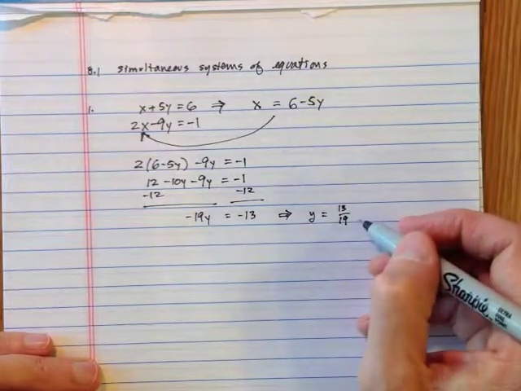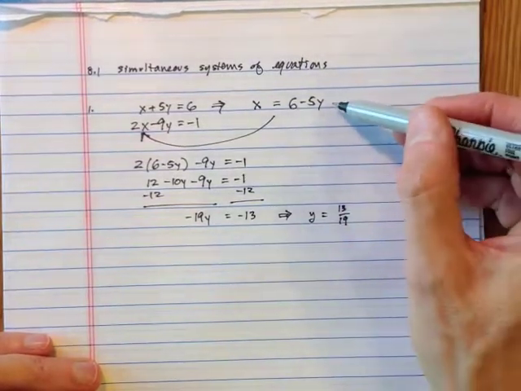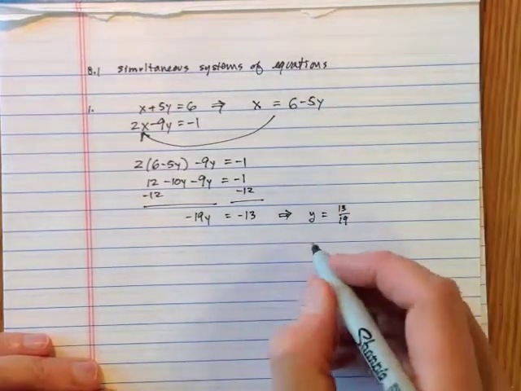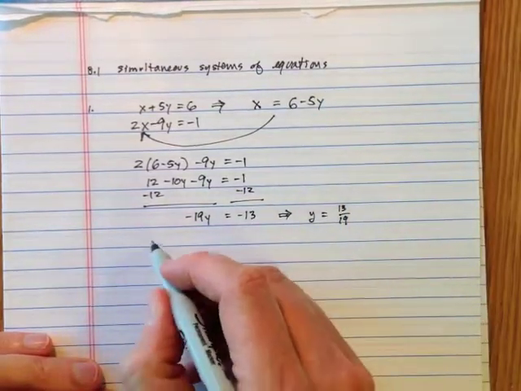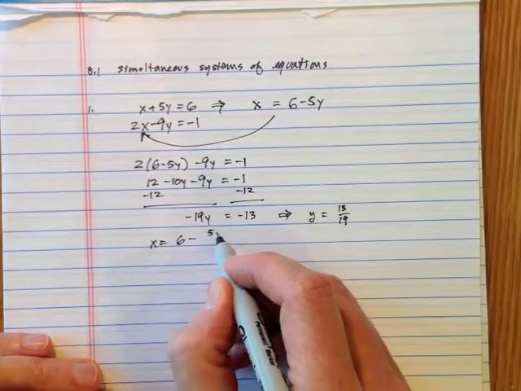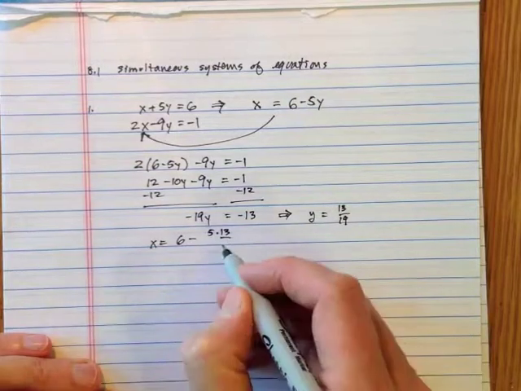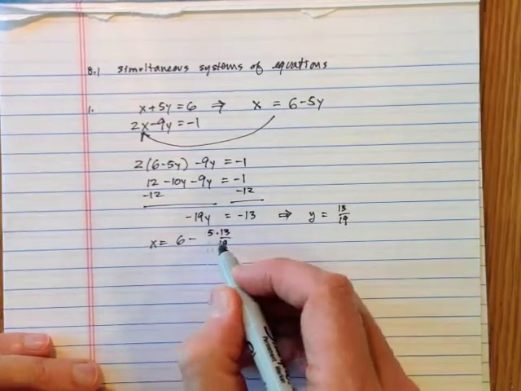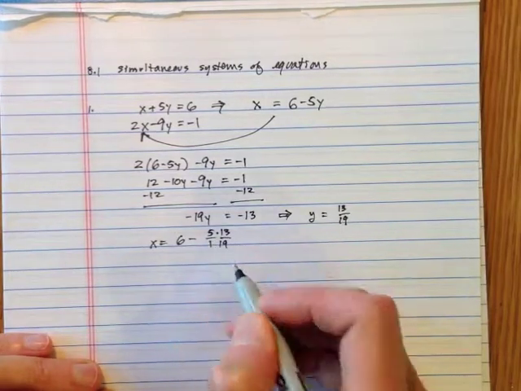Now that I've learned what y is, it's easy to find x because I've got this expression up here that allows me to just plug in any y value I like and learn what x is. So the corresponding value of x must be 6 minus 5 times 13/19. Remember, to multiply a fraction by a whole number is to multiply, like in this case 5, by 5 over 1.